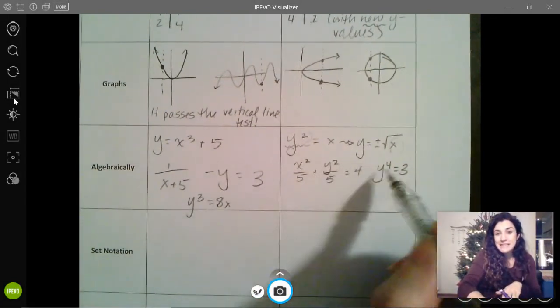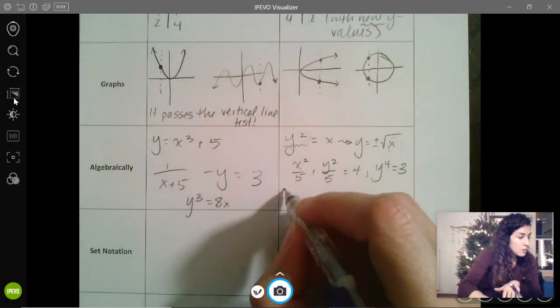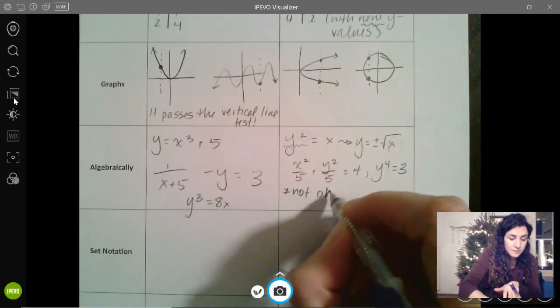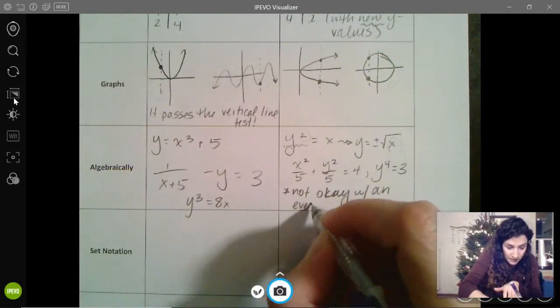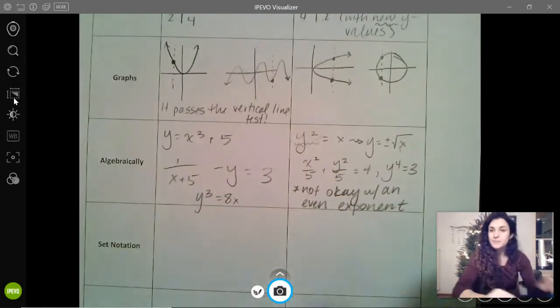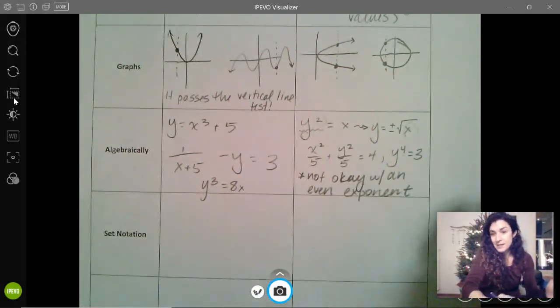It's just not okay if it's an even exponent. Let me put a comma there so you know that those are two different things. So mostly what we're looking for here is not okay with an even exponent. So algebraically, that's how we can determine that.